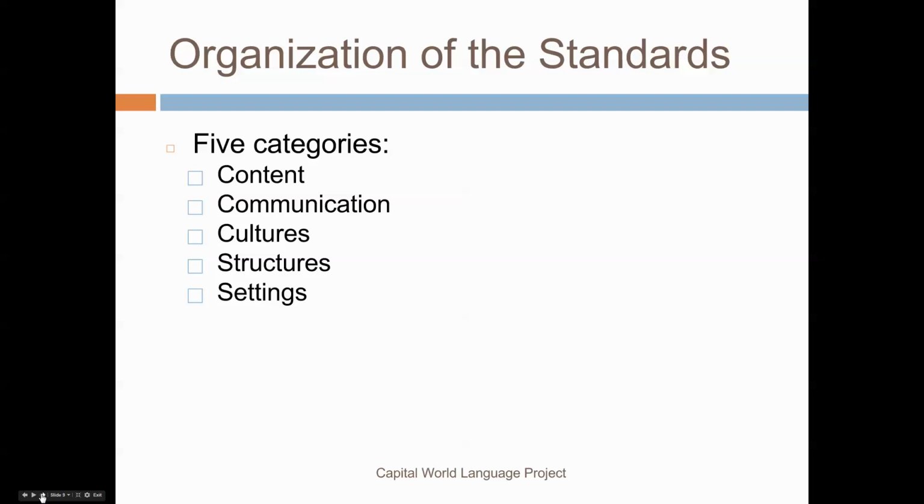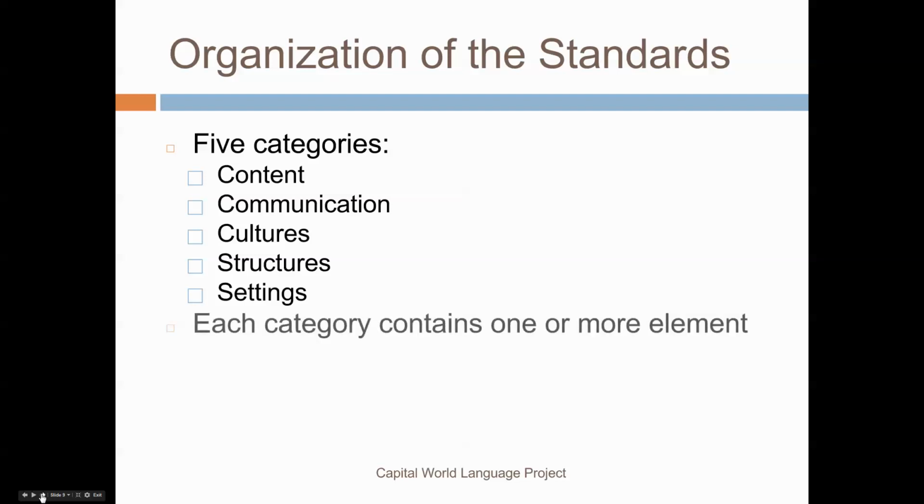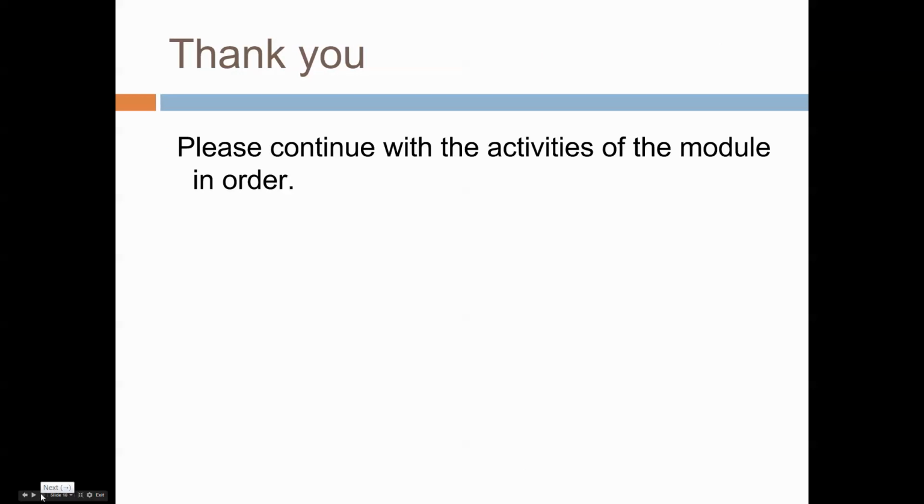So there is content, a list of items for content, and then stage 1 content items, stage 2, stage 3, and stage 4. The same is true for communication. The same is true for cultures, structures, and settings. Each category contains one or more elements, and that is where we will leave off for now.